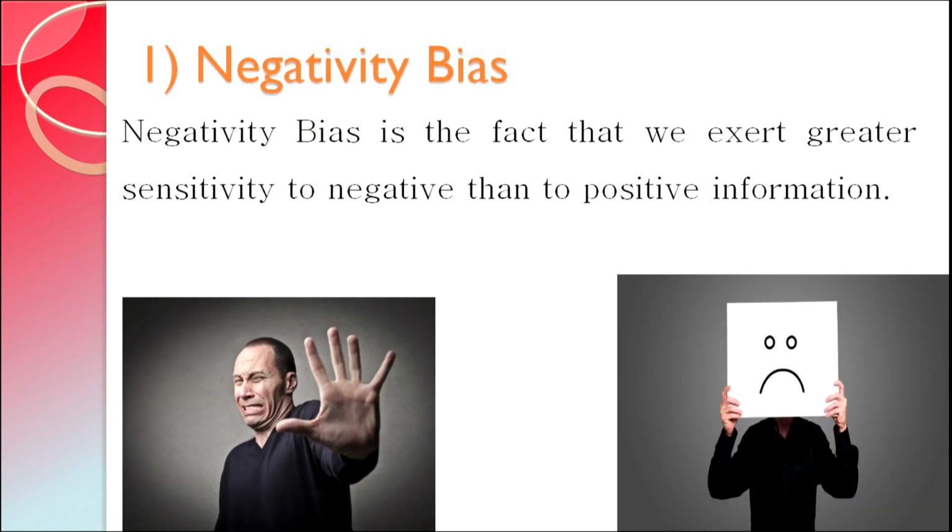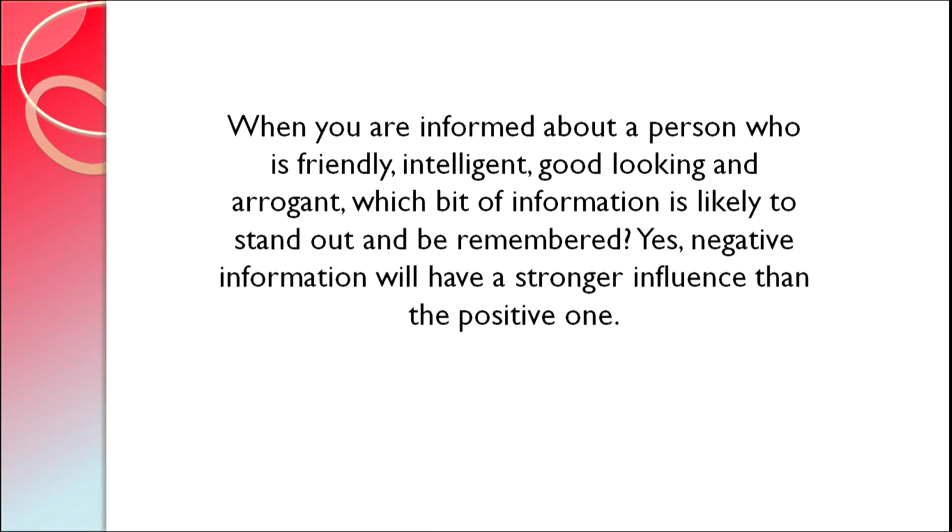We also have a strong negativity bias. That is the tendency to be sensitive to negative information. Let us understand how. When you are informed about a person who is friendly, intelligent, good looking and arrogant, which bit of information is likely to stand out? And we remember, yes, it is the negative information.